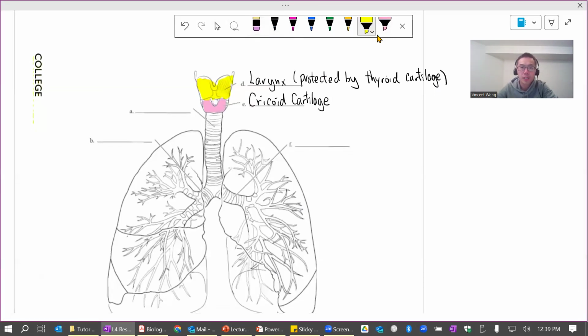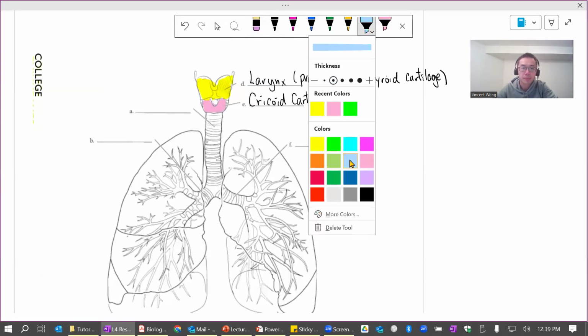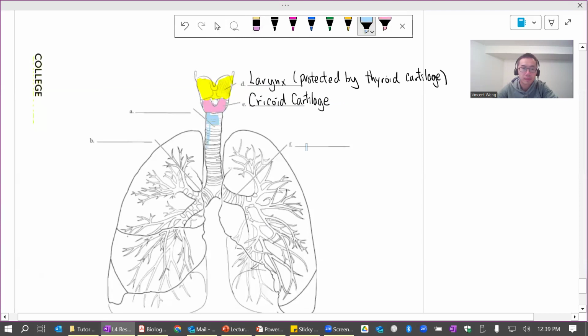Then we have the trachea, the airway. And you can see over here, right, these little lines over there.